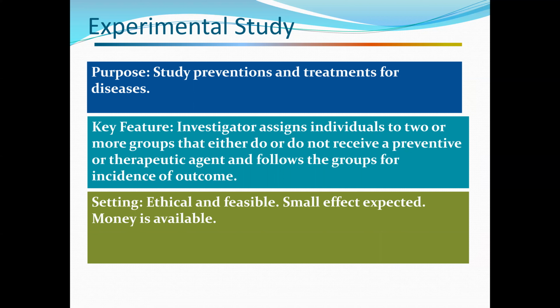The setting can be, again, ethical issues and feasibility issues must be considered. So ethical and feasible, and small effect expected. And as we said, with experimental study, resources are the main issue. So money should be available.